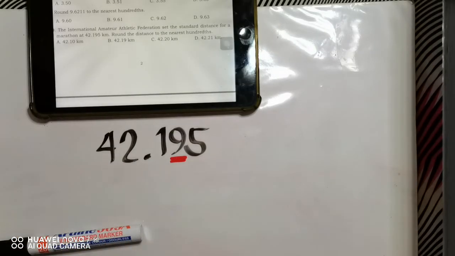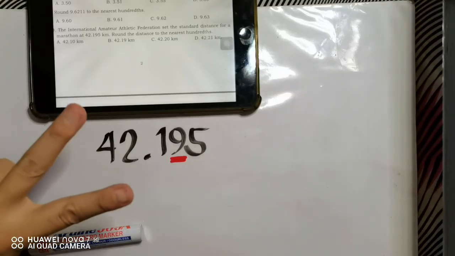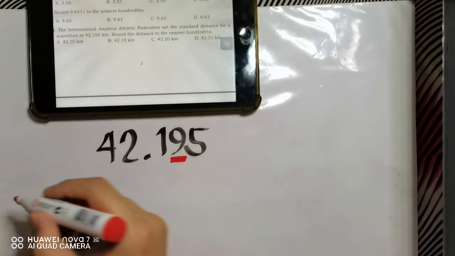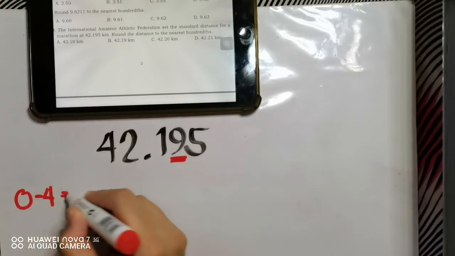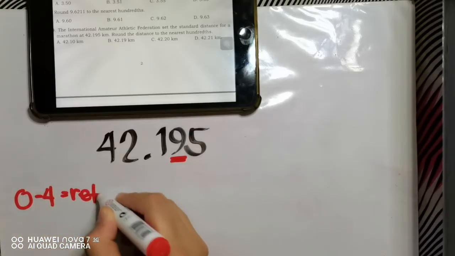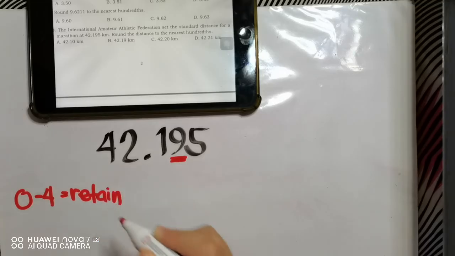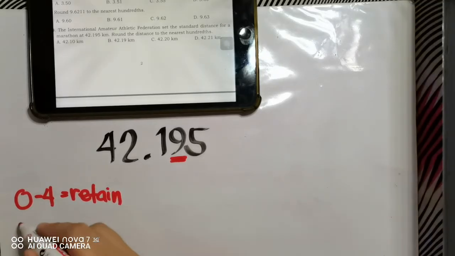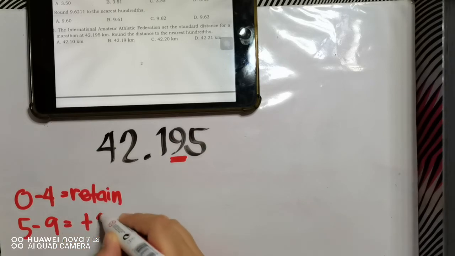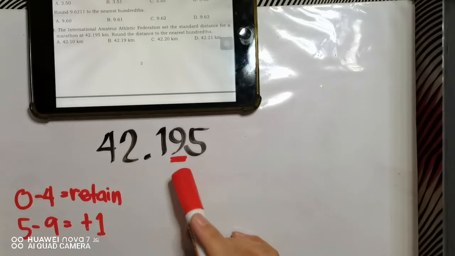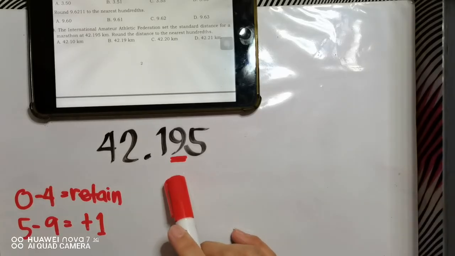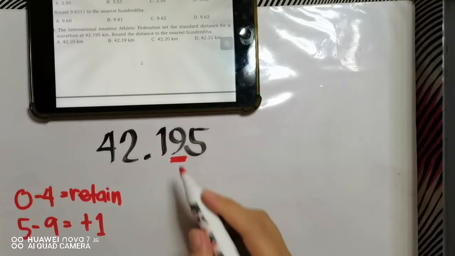Remember, we have two rules. Dalawang rule natin. First rule, kapag ang number ay 0 hanggang 4, retain. Sabihin, hindi babaguhin yung number. Kapag ang katabi na nasa kanan ay 5 hanggang 9, plus 1 tayo dun sa number na ira-round. Okay, since ang number na ira-round natin ay 9, which is in the hundredths place.